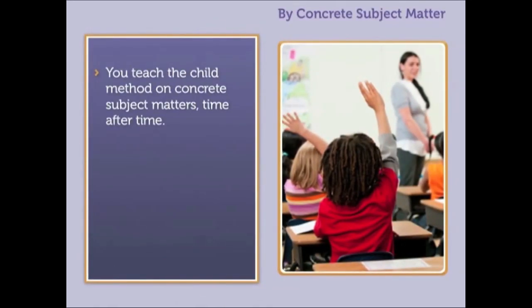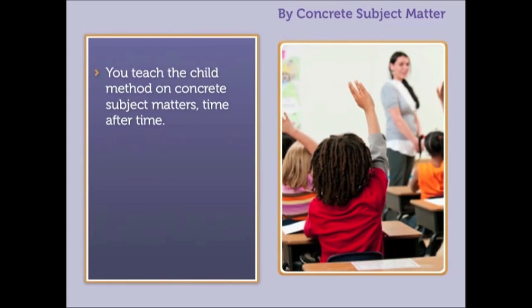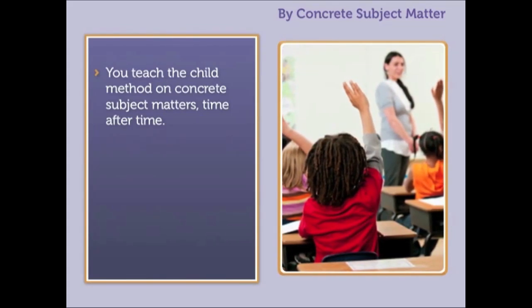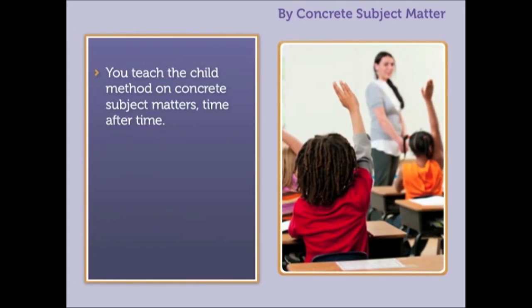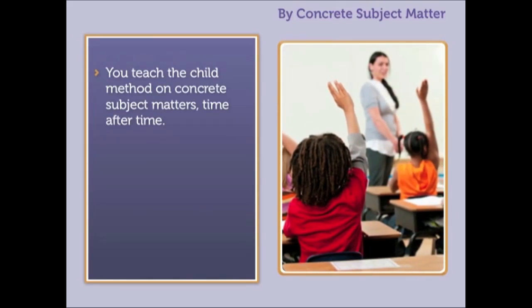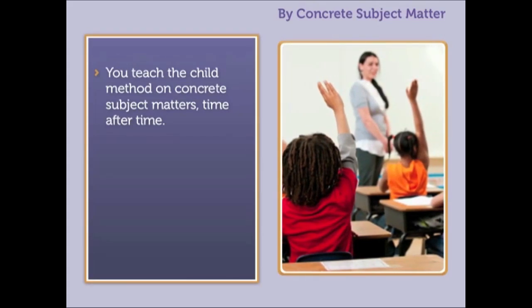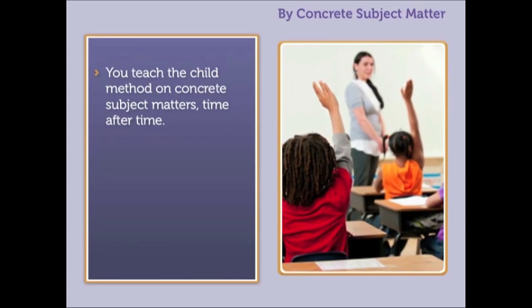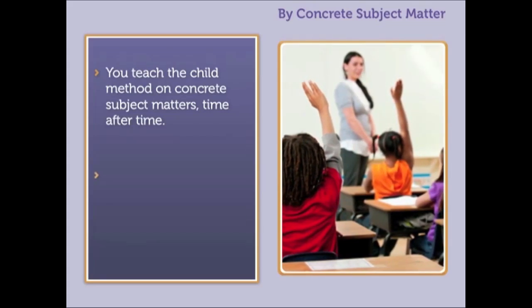You must teach the child method on concrete subject matter. You have to address specific subject matters rationally time after time, and I mean here literally hundreds of times across many years. Instance after instance of what rational thinking consists of, so that he is steeped in the proper thinking methods in actual daily examples.